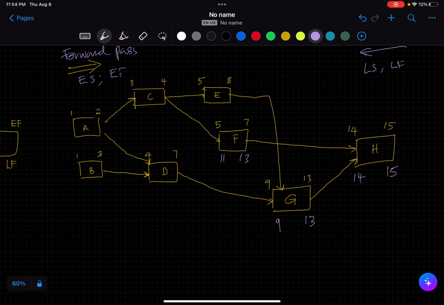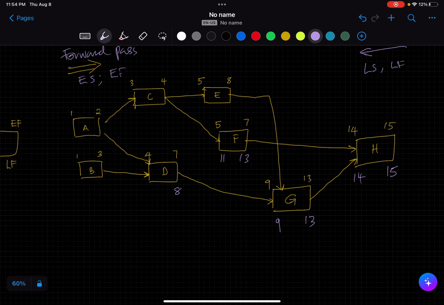Now let's take G. G has two predecessors. It has E and D, right? Let's take D first. What's the latest finish that D can have that won't impact G's late start? That will be 8.